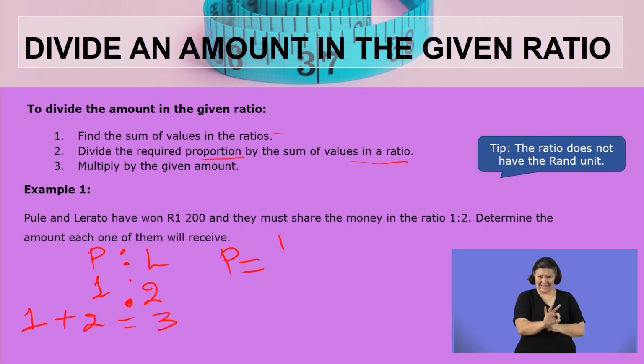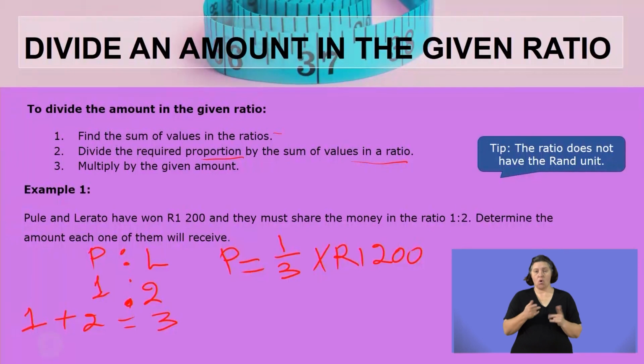Then we will have 1 divided by 3, which is the total, and we multiply by 1,200. The answer is 1 divided by 3 multiplied by 1,200, which is 400. So this is the amount that Pule will get.